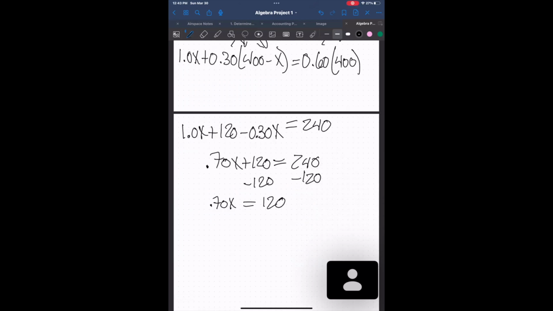Okay, we're going to try to solve for x. Divide by 0.70, divide by 0.70. x is equal to 171.43.